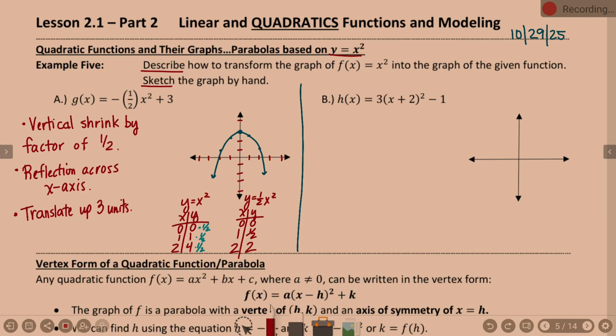So let me write that all down. Vertical stretch. And stretch is stretch. They don't usually use another word other than stretch.